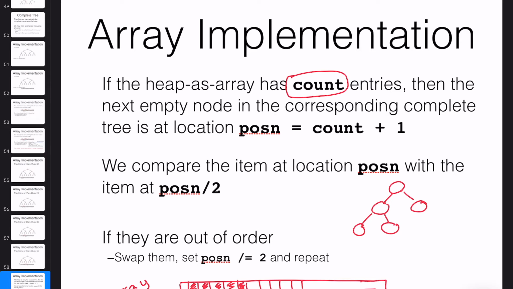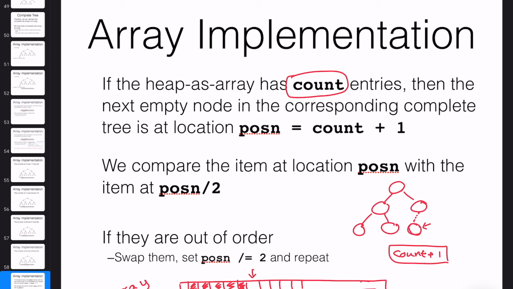Remember, we add it as the last leaf node. So it is going to be here in the tree, and that is where it is going to end up in the array. Whatever count plus 1 is, that is going to tell me the position of this new leaf node. That's why I need to keep track of the count.